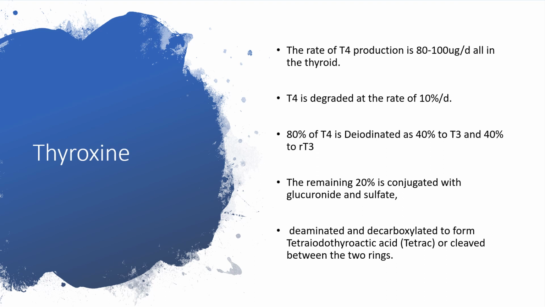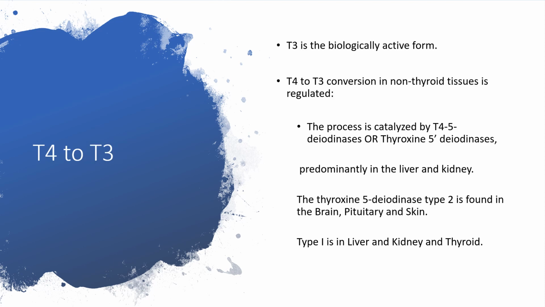The remaining 20% is conjugated with glucuronide and sulfate, deaminated and decarboxylated to form tetraiodothyroacetic acid, or cleaved between the 2 rings. T4 to T3: T3 is the biologically active form.